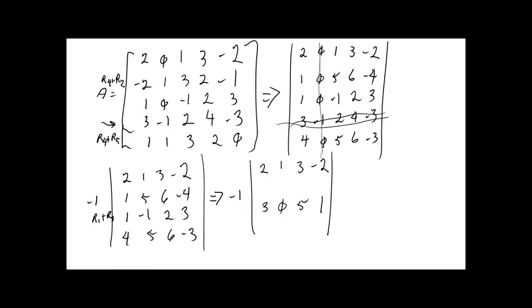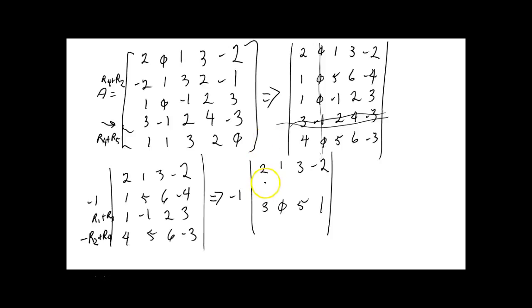Now, it really sort of doesn't matter what you do next, but I would be tempted to do minus row 2 plus row 4. That will wipe out the 5 here. Leaves your 1 there and wipes out that. So, okay to try that? So what does that give you? Minus row 2 plus row 4. Yeah.